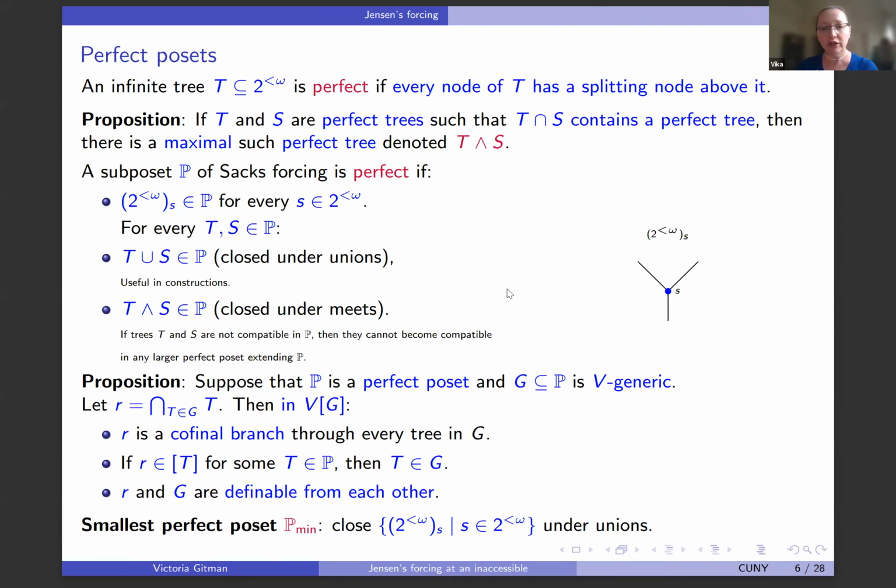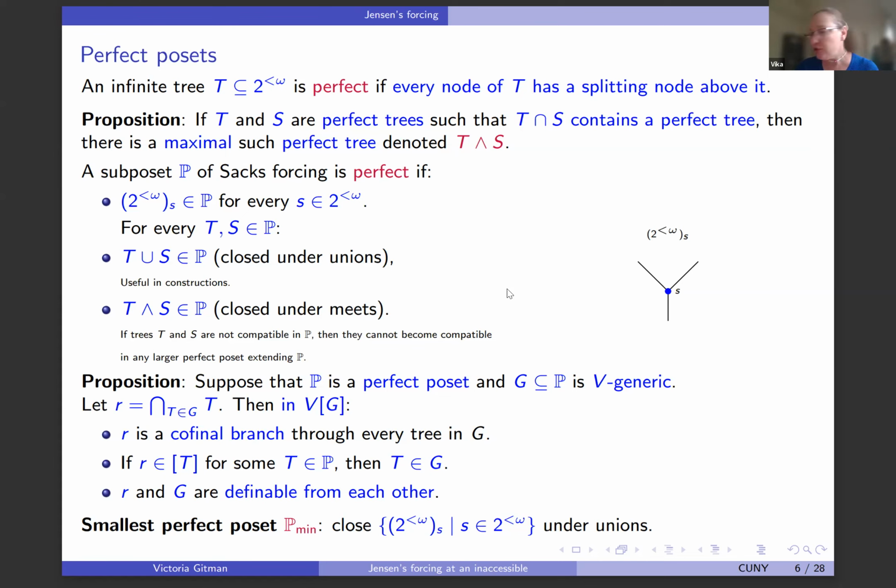So before we get to the generalization, I want to remind people, or tell people, about how Jensen's forcing is constructed. And the construction that I give here is from a paper of Uri Abraham. So this is not Jensen's. I don't think this is Jensen's original construction, but I like to work with this one more.